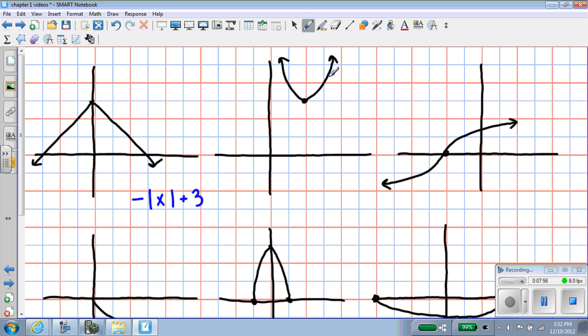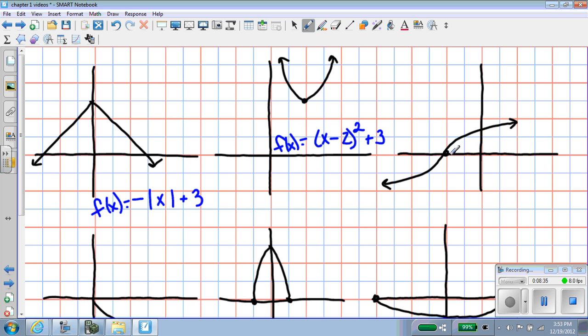This is our parabola, so that's x squared. But it went sideways a bit, yeah? So it's got a horizontal shift to the right 2, so x minus 2. And then a vertical shift of 3, so up 3. Okay, this is our cube root graph, and it also has a horizontal shift.